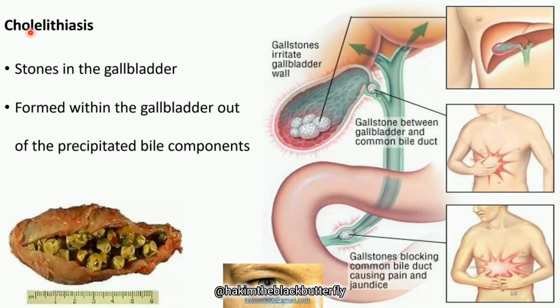So if someone is obese, there will be so much cholesterol that more stones can form within the gallbladder. They are formed mostly in women because of the hormones present in women, the estrogen and the progesterone, which predispose to an increased rate of stone formation within the gallbladder.